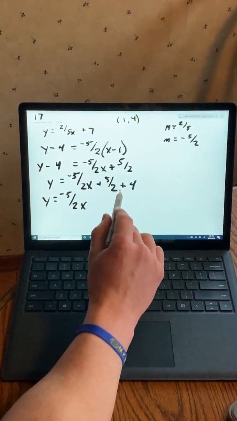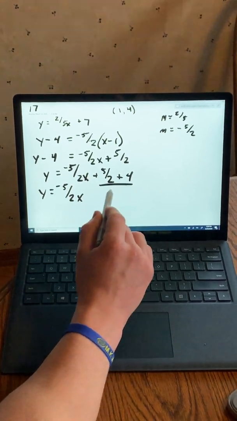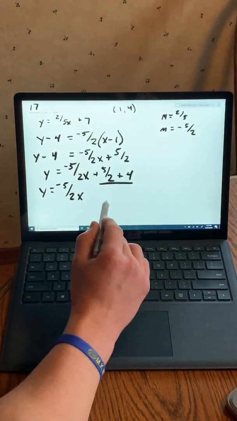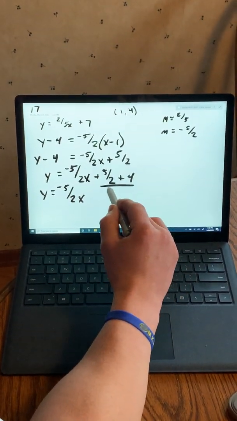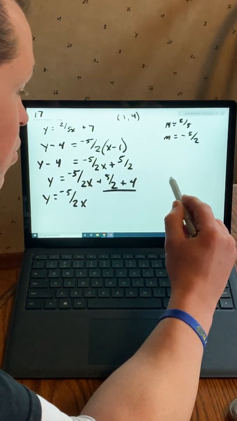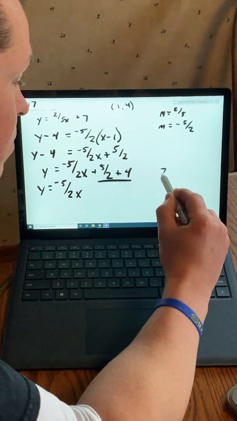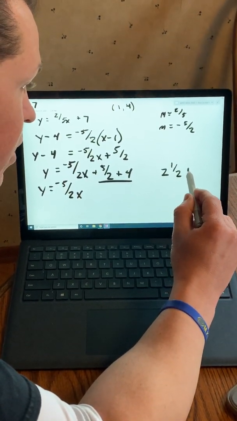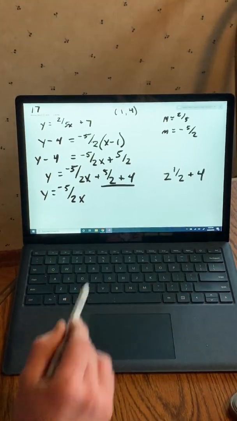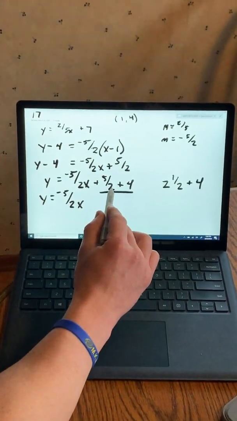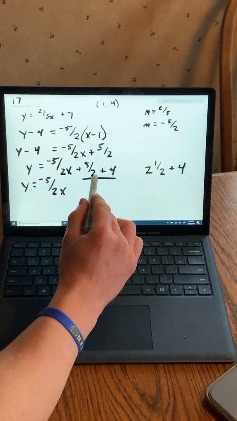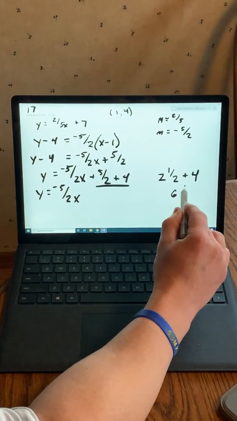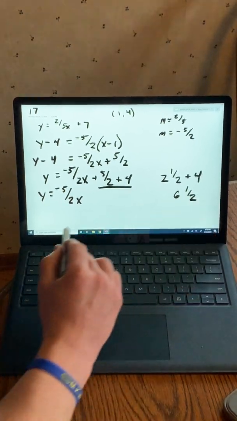Now looking at this, we have to simplify. 5/2 plus 4: what we need to do is look off to the side. You can take 2 and 1/2 plus 4, because that's what 5/2 is, 2 and 1/2. If you add those up, you're going to get 6 and 1/2.